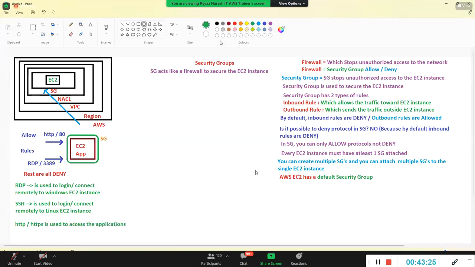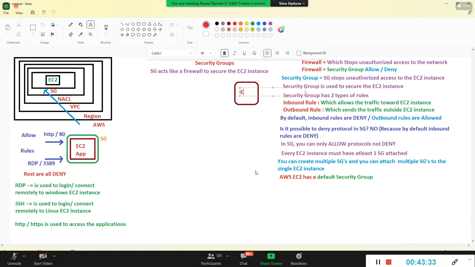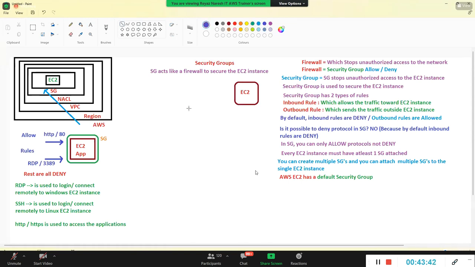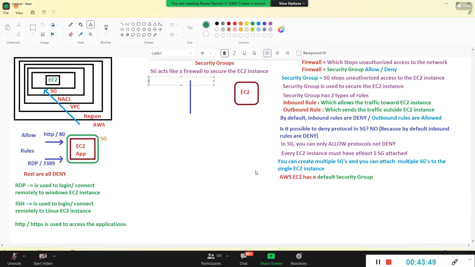So if you have an EC2 instance like this, for the EC2 instance, a security group will be there. For the security group, you have an inbound rule and an outbound rule.